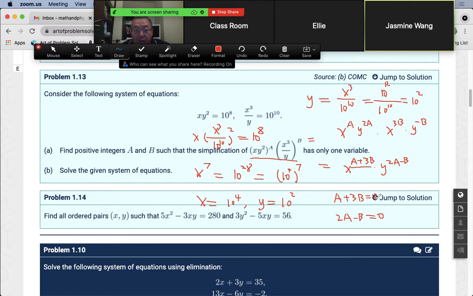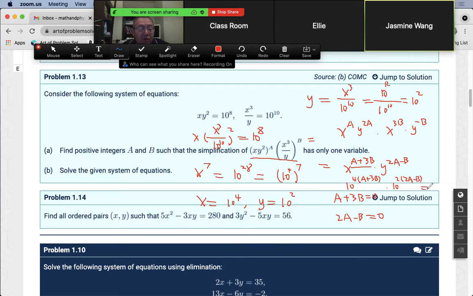So let's see here, because x, that's 10 power 4, you got the 10 power 4 times a plus 3b. This one at y, that's 10 power 2, that's 2 times 2a minus b.